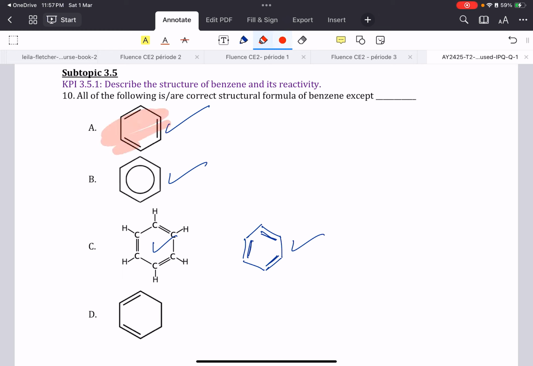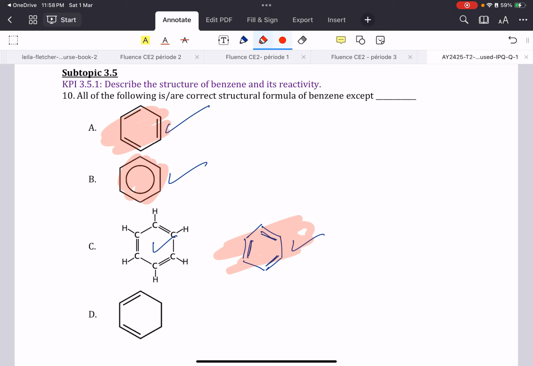Now these two structures are resonance structures. It means these are 2 correct Lewis structures for benzene. And instead of drawing these 2 structures, we can summarize them in one ring with a circle inside, meaning that I have 6 moving electrons inside this ring because of the 3 double bonds.